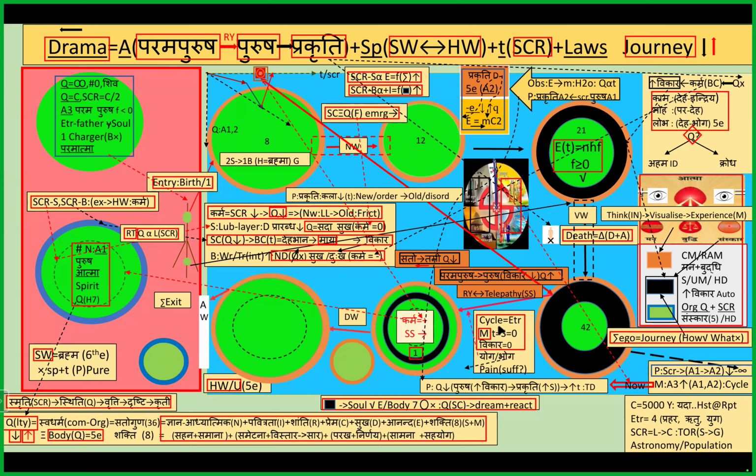Now see how I differentiate: you have to become pure, because the cycle is completing. When you come here, automatically this also comes here. This is the cycle completing by yoga. That is what I have explained.